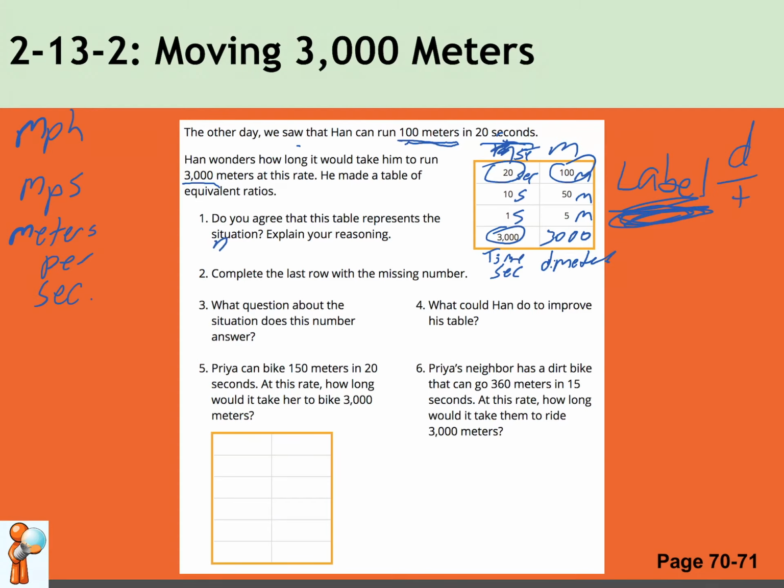The first three are correct. It's hard to write on my screen. So complete the last row with the missing number. So we'd have to move that over here, right? And the empty cell should be 15,000.